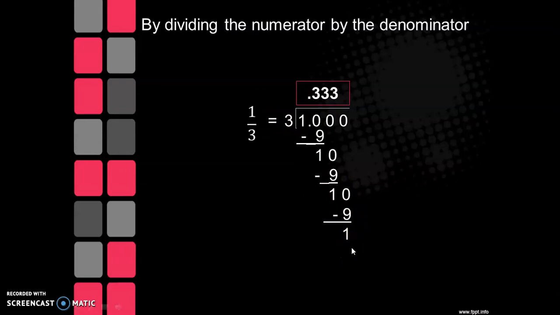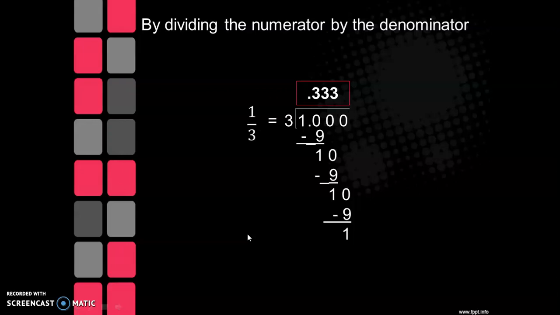However, our answer keeps repeating 3, so we can stop. This means our answer is a repeating and non-terminating decimal. Our decimal keeps repeating and does not end. Meaning to say, it is infinite.